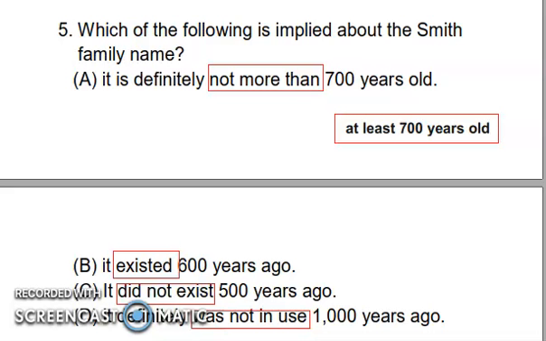Probably the evidence or the proof or maybe the information shows that at least 700 years ago there is a family name that is Smith.